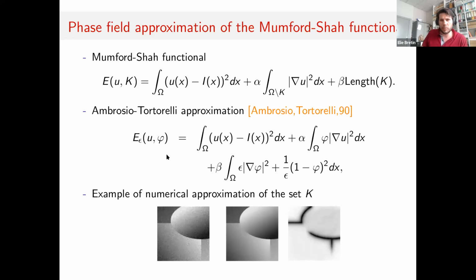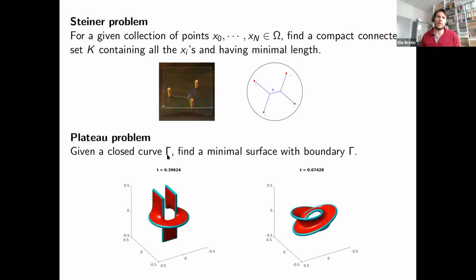To illustrate this point, we consider two other applications. The Steiner problem, where the problem consists of finding, from a given collection of points x1, ..., xn, a compact connected set K which contains all the points and has minimal length. Typically, this is an example of a Steiner solution if you consider four points.